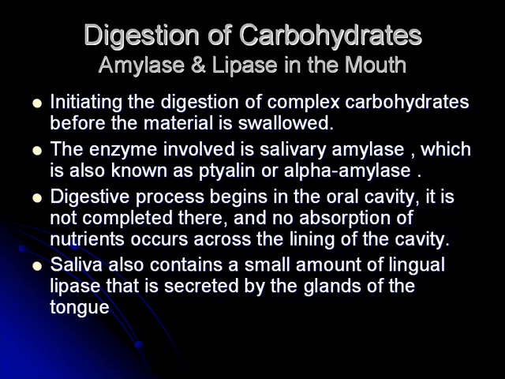The enzyme involved for carbohydrates is the salivary amylase, which is also known as ptyalin or alpha amylase. Digestive processes begin in the oral cavity. It is not completed there, however, and no absorption of nutrients occurs across the lining of the oral cavity. Saliva also contains a small amount of lingual lipase that is secreted by the gland and the tongue.